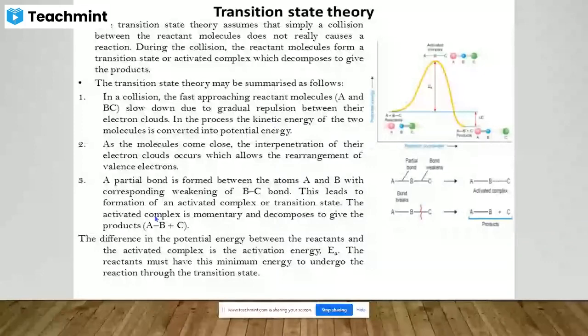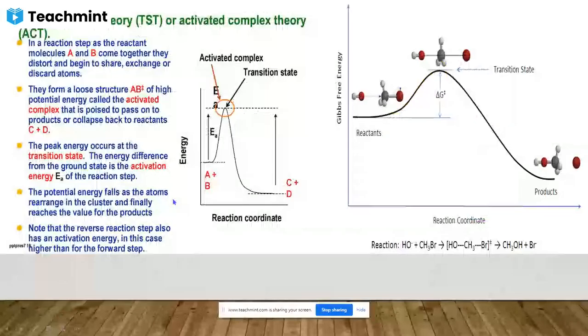Next, we explain another example, that is A plus B, which is converted into C plus D. As A plus B, the reactant molecules, approach one another, the energy of the reaction increases and they form the activated complex, whose other name is the transition state.